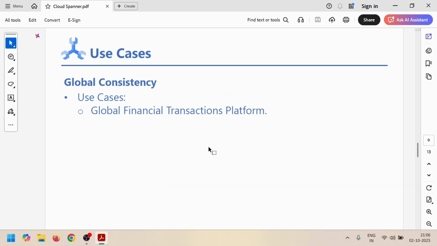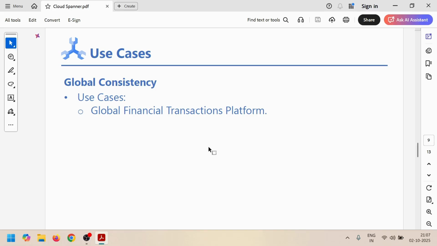Now global consistency. Here the use case can be a global financial transactions platform. Let's explore it more. For example, a multinational fintech company operates a real-time payment gateway across continents. Say users in India, Europe and the US are transferring money, checking balances and reconciling accounts simultaneously.